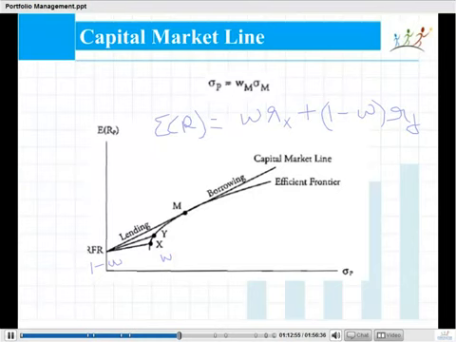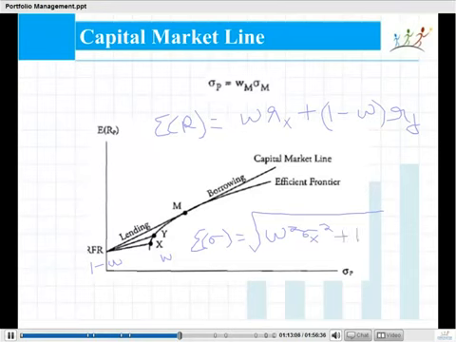If this is the expected return on the portfolio, what will be the expected risk of the portfolio? Expected risk is given as W square sigma X square plus (1 minus W) square sigma RF square, that is the risk of the risk-free security, plus 2W into (1 minus W) into correlation into sigma X into sigma RF.